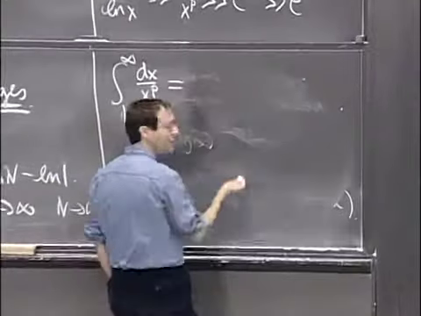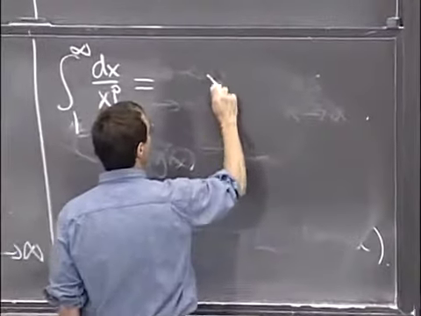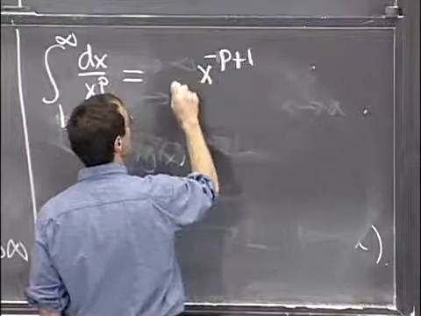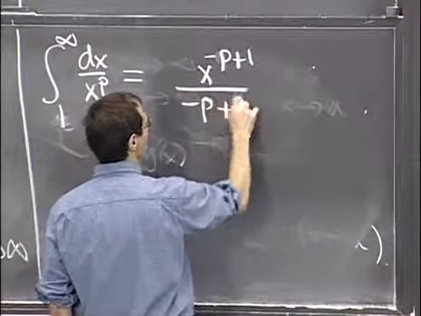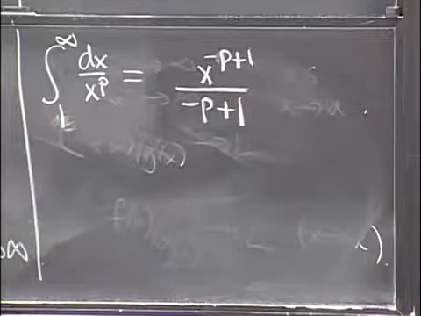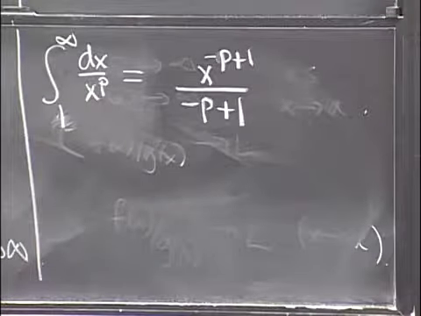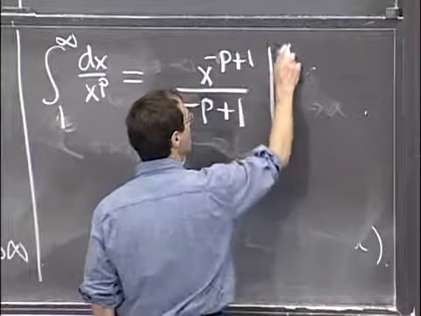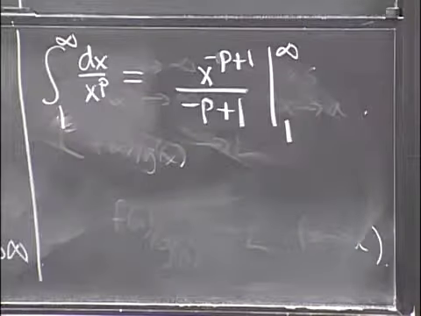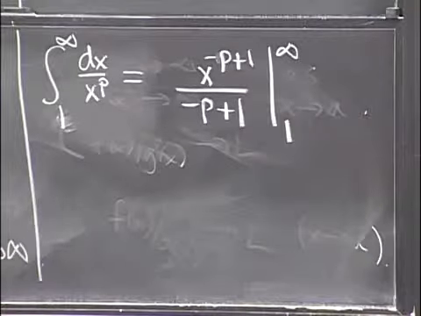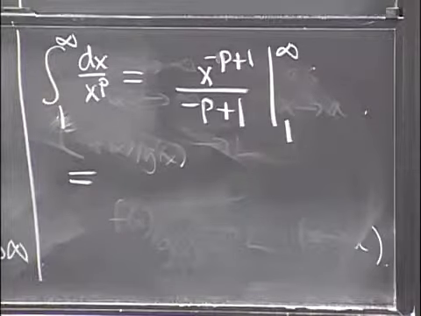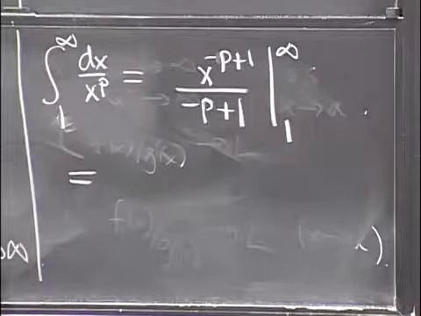First of all, I'm going to take the antiderivative. This is x to the minus p, so it's x to the minus p plus 1 divided by minus p plus 1. That's the antiderivative of the function 1 over x to the p, or x to the minus p. And then I have to evaluate that at 1 and infinity. So now I'll write this down, but I'm going to be particularly careful here.